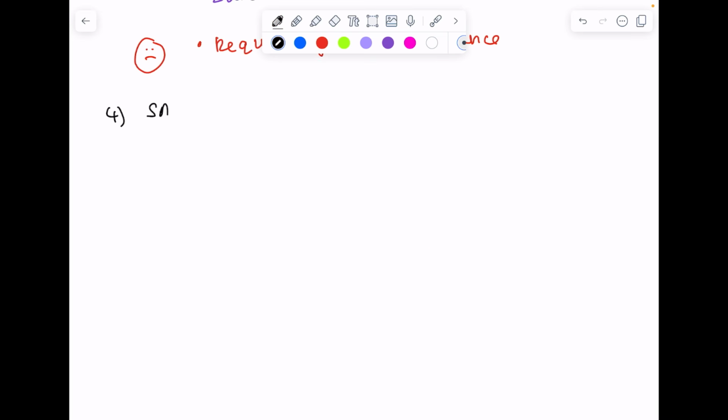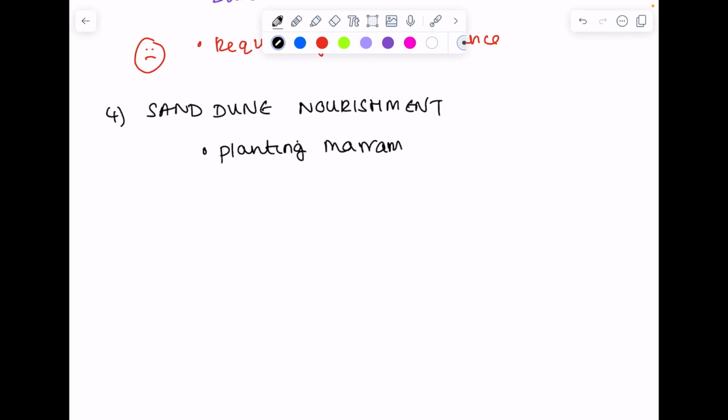Sand dune nourishment. Specifically, this is planting marram grass, which remember is commonly found on sand dunes. Highly specialised plant. The grass traps the sand and it provides a barrier between the sea and land.